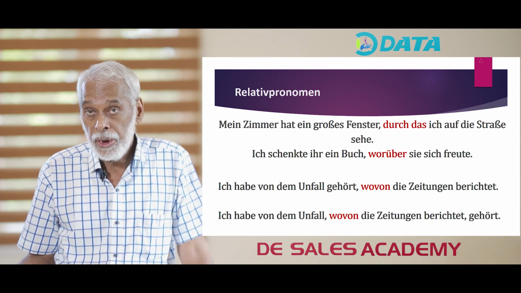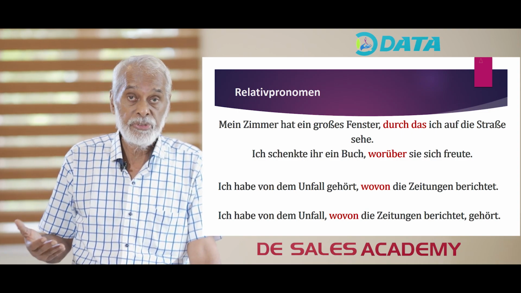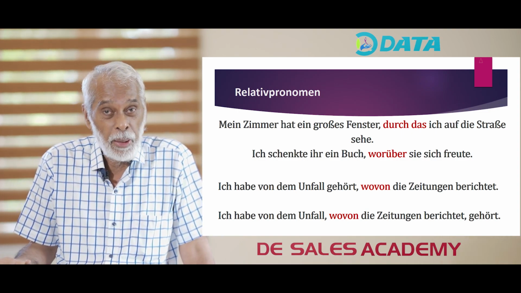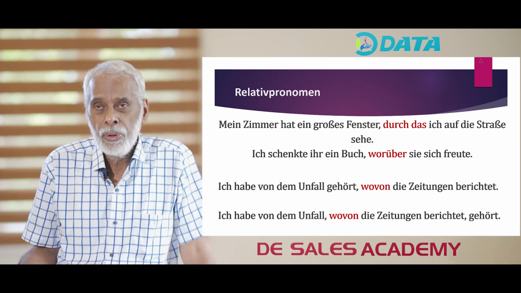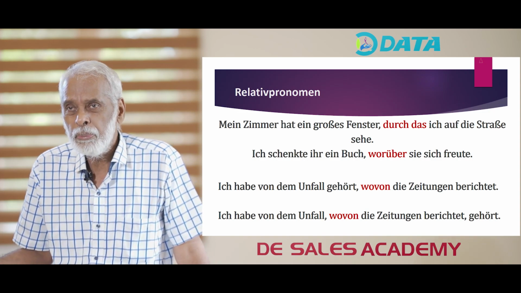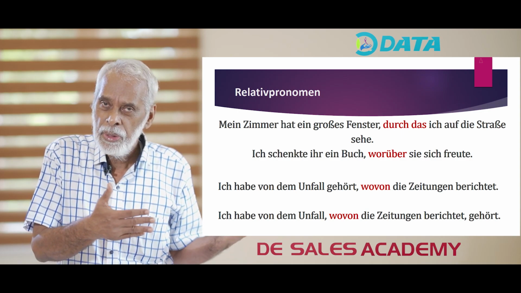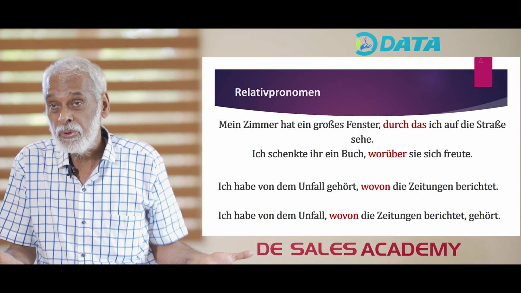Ich schenke ihr ein Buch, worüber sie sich freute. I am presenting her a book about which she is very happy. Ich habe von dem Unfall gehört, wovon die Zeitungen berichtet haben. I have heard about the accident about which the newspapers are reporting.